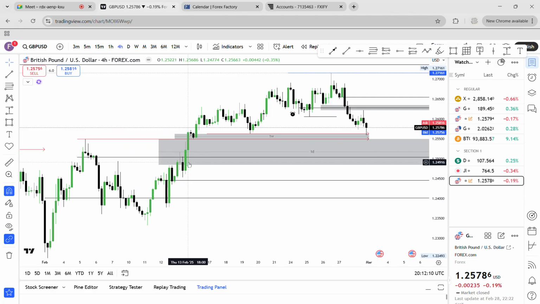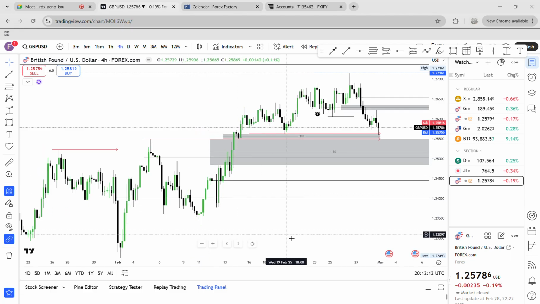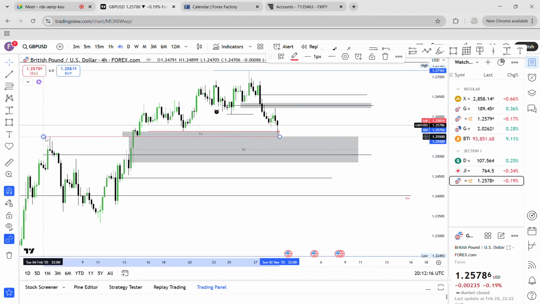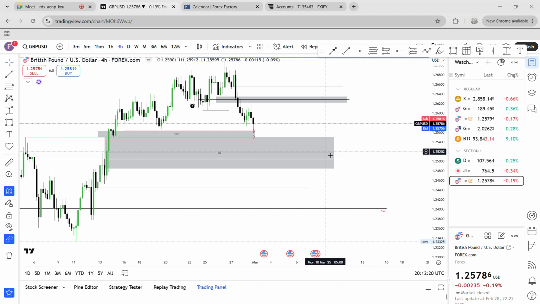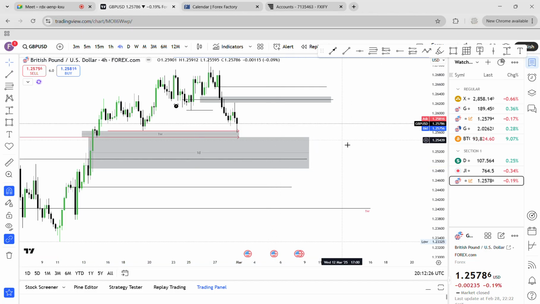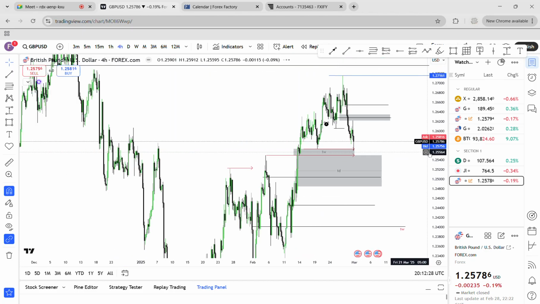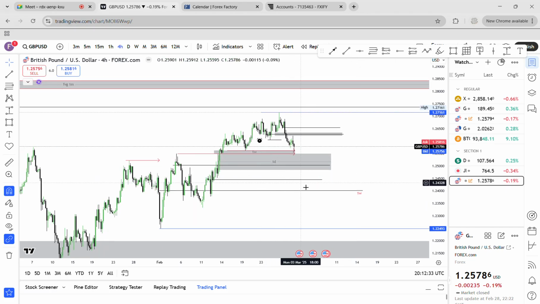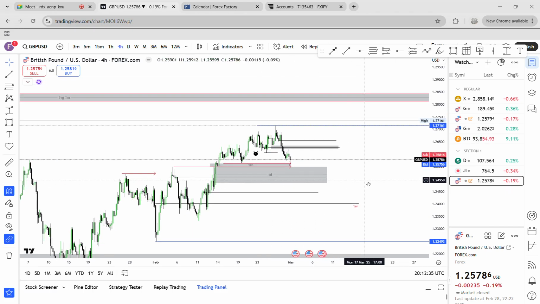And as well, we created this, we rebalanced this area. So the fair value gap is our first line of defense, very important. So we will be looking at these two areas very closely. Maybe this is where price might just respect and continue going higher, or we might just dip down a little bit to the downside. But we will see.